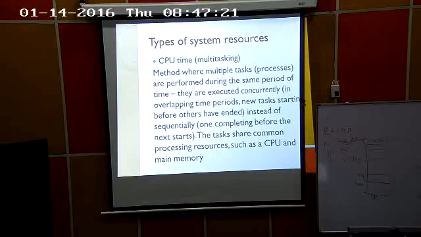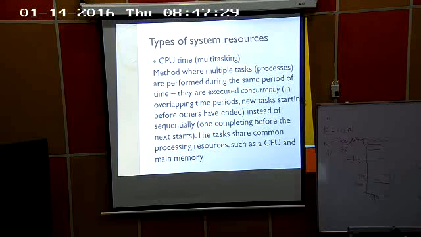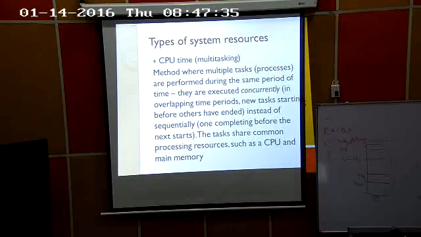Tasks are executed concurrently in overlapping time periods, at the same time, instead of sequentially, instead of by sequence.